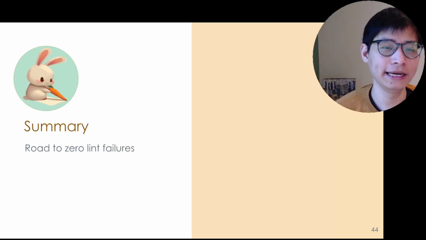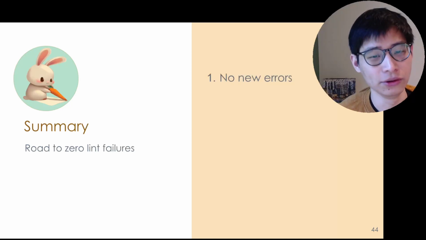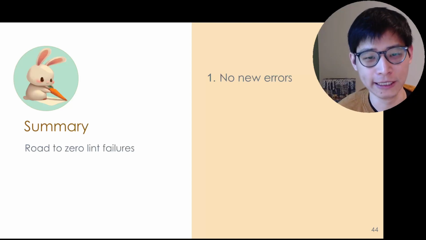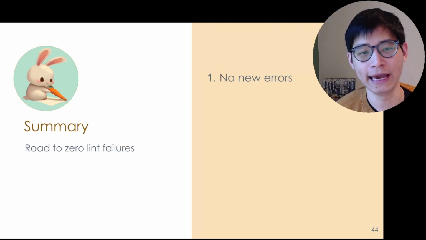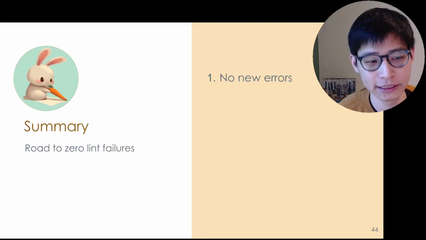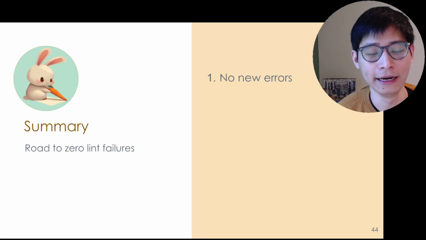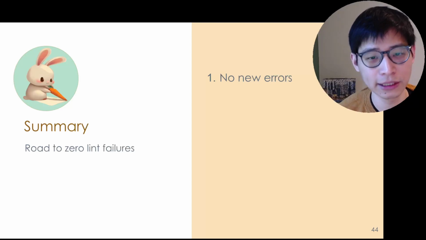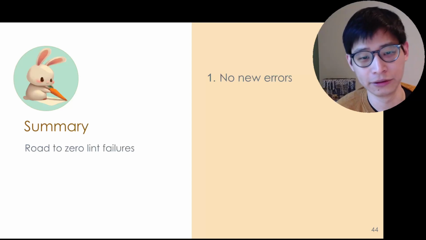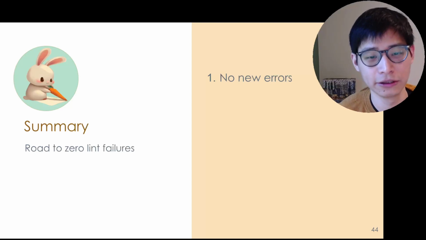So as a summary, what we did was have no new errors in the code base. That's having a pre-commit hook and a CI that runs for changed files, where we report any new errors. And if you introduce a new lint rule, you can't have it introducing new errors to the code base.